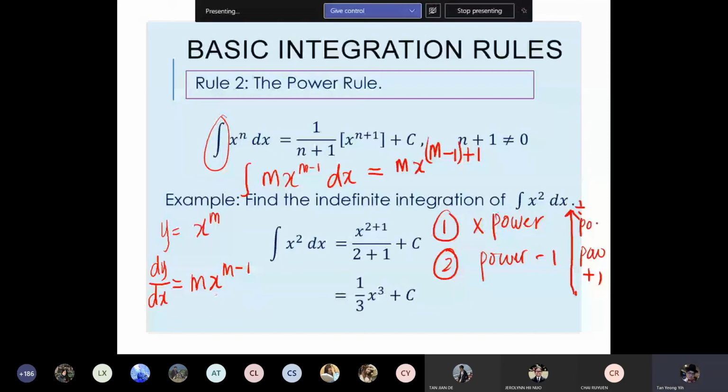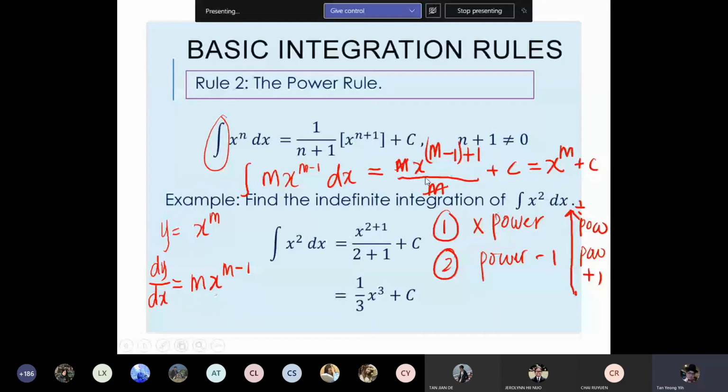Plus the c. From here you can see that after we cancel the m, it becomes x. This negative 1 plus 1 becomes 0. So we have x to the power of m plus c. So we get back the y.